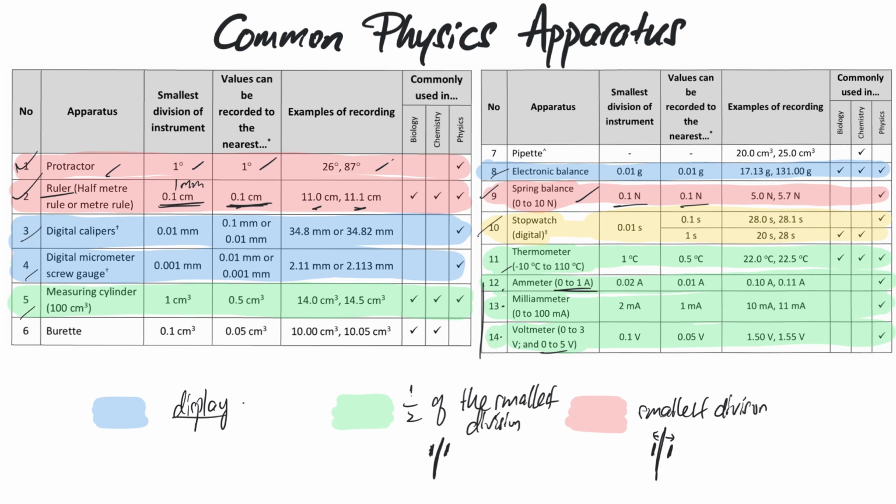Now the last one, the one in yellow, stopwatch, is a bit special. Likewise, just like the blue ones, you can just read off from the display, and it is to 2 decimal places, 0.01 seconds.